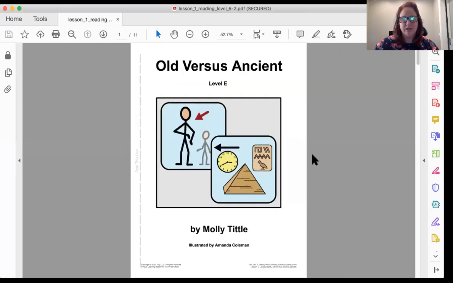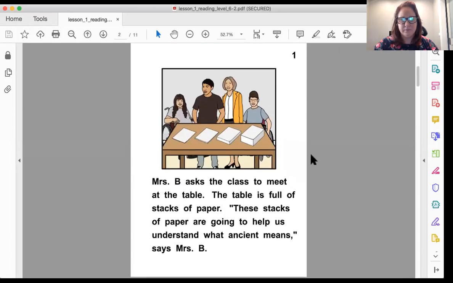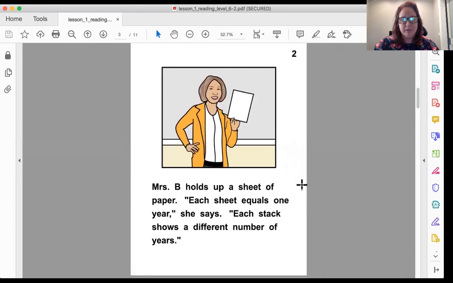Old versus ancient. Mrs. B asks the class to meet at the table. The table is full of stacks of paper. These stacks of paper are going to help us understand what ancient means, says Mrs. B. Mrs. B holds up a sheet of paper.